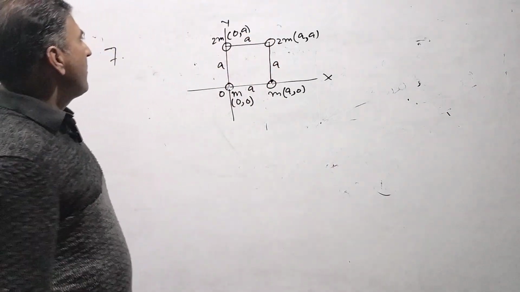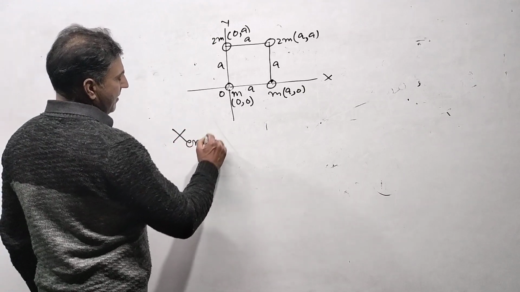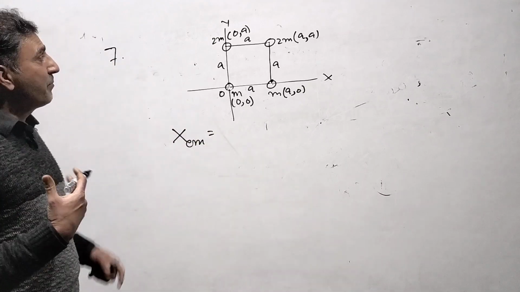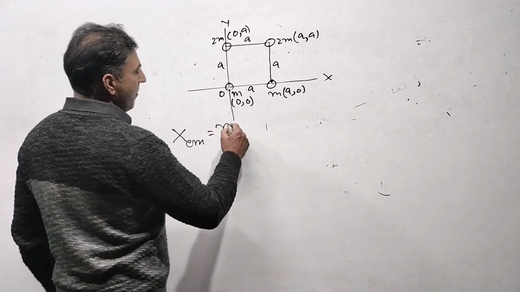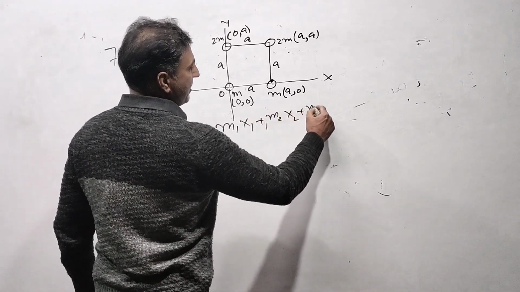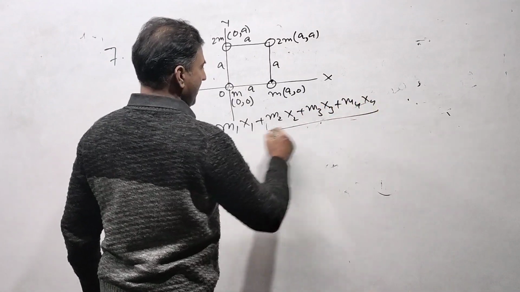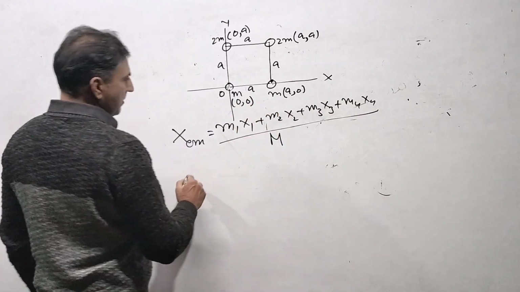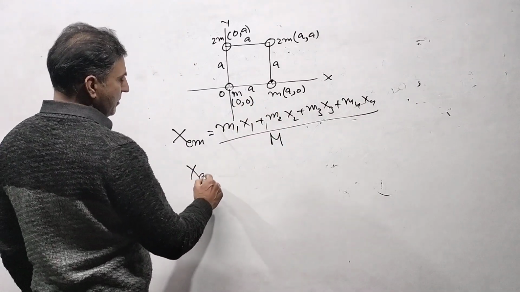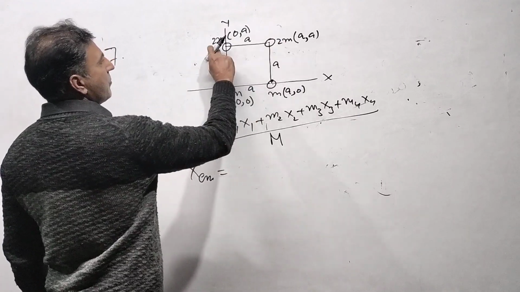Okay. Now, what is the x coordinate of the center of mass, XCM? Write down the formula first so that it becomes easy. M1 x1 plus M2 x2 plus M3 x3 plus M4 x4 divided by total mass. XCM is equal to, okay, what is M1? Start from here. M1, M2, M3, M4.